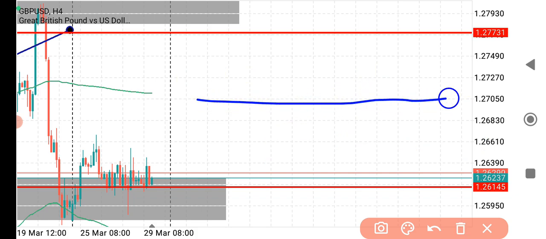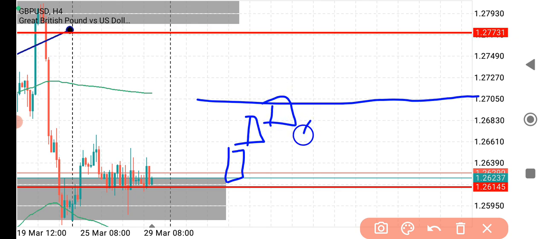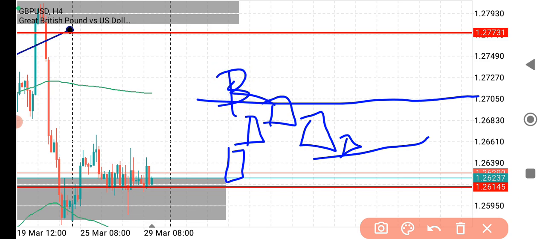Now, for you to exit this trade, what do you need to do? You are using a candlestick, and price now closes below this, and you have your entry at your resistance, at your support.